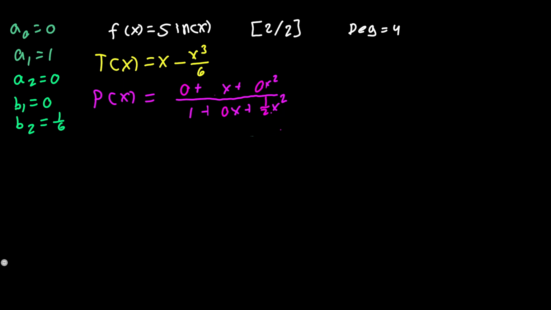So that means our Pade approximation is simply x over 1 plus 1 over 6x squared.